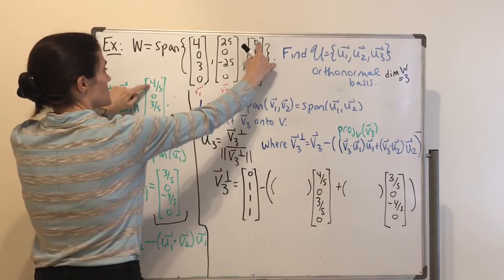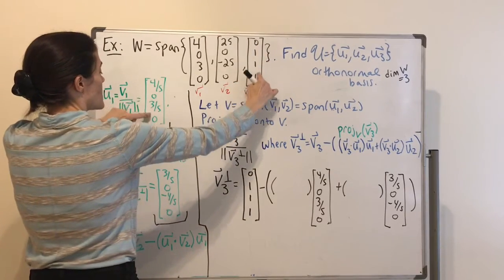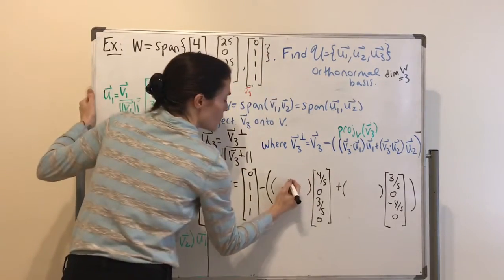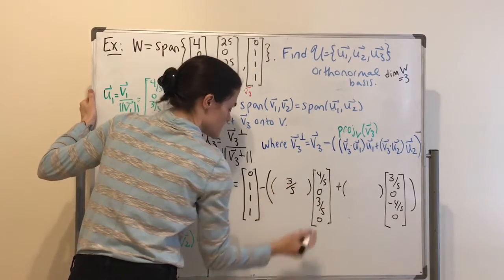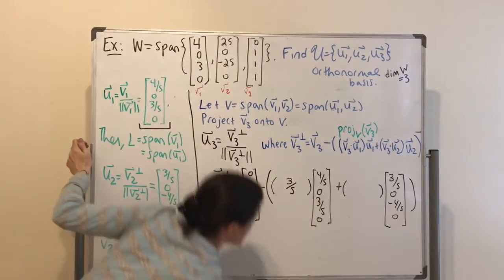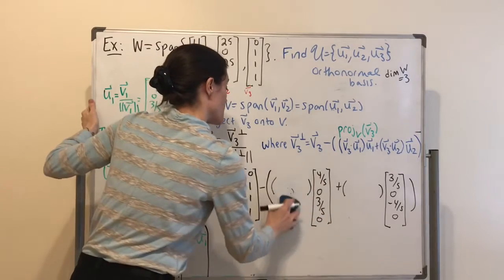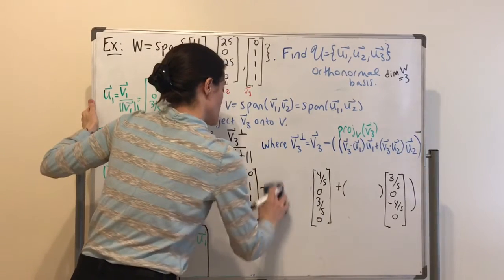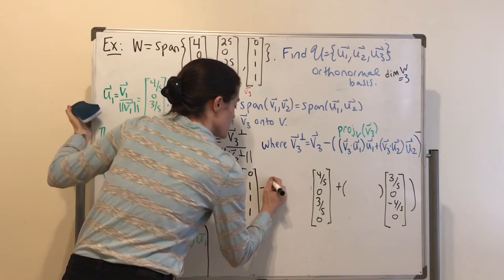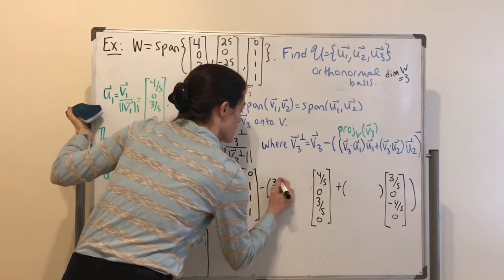You see it's 0, 0, 3/5, 0. Oh, I didn't have to leave so much space. In fact, maybe I should back it up so I have more space later. I left a lot of space just for the number 3 over 5.